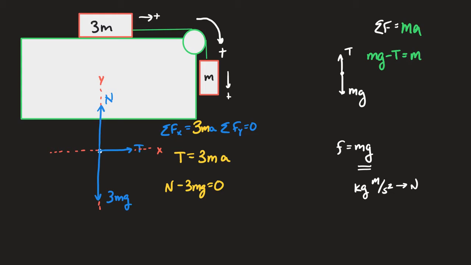It had to be less than what it was before. Before, the tension was mg. But the only way this box accelerates is if the tension is less than the weight of the box, right? This box right here, if the tension upwards is the same as the weight of the box, the net force is 0 and it does not accelerate. The only way it accelerates is if the upward tension is less.